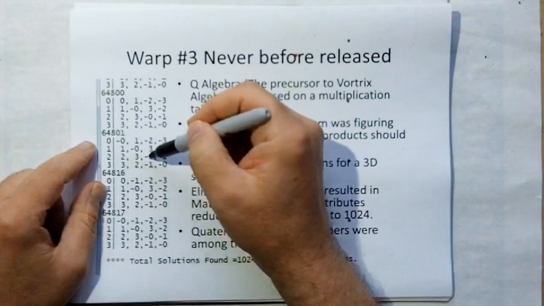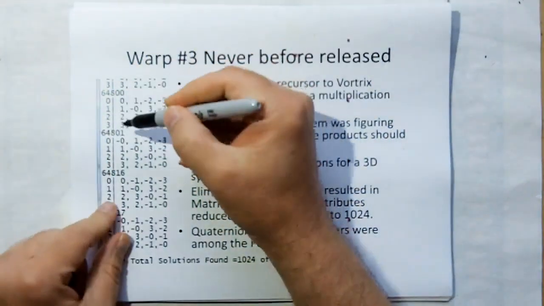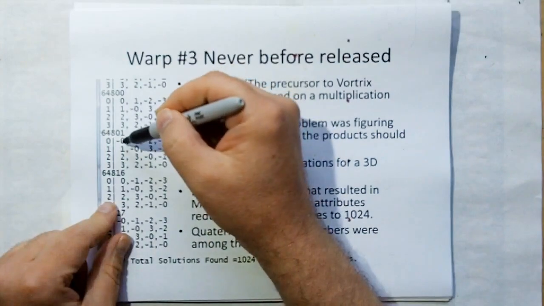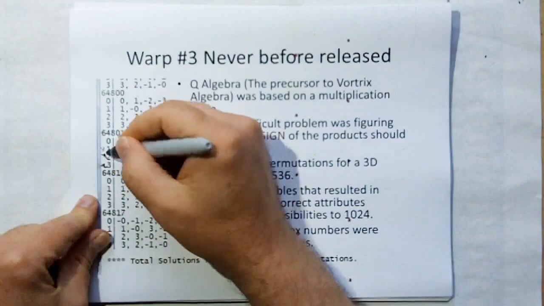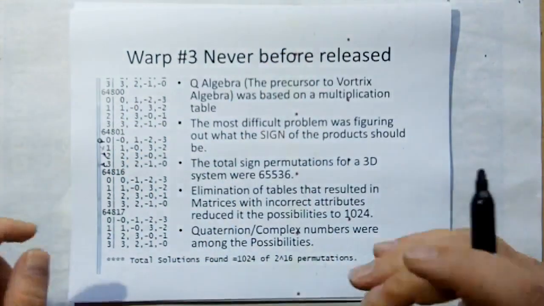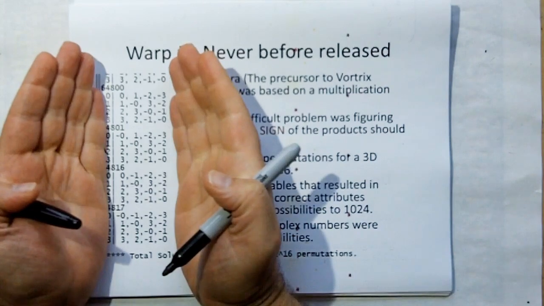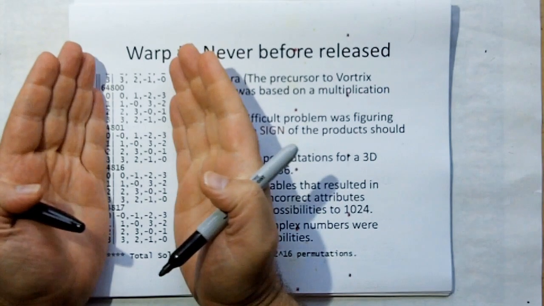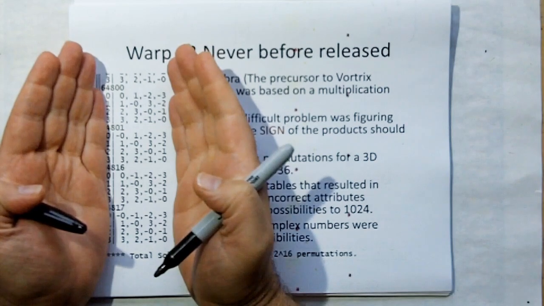The numbers here represent the dimension. So what this multiplication table is saying is, if you do x times x, it goes to the x dimension, or something like that. I don't remember, I think this was x, y, z, and this was the q dimension or something like that. And so even under Q-Algebra, I realized that I was getting down to the point that signs were the only unknown thing, and that there were multiple different solutions just by changing the signs.